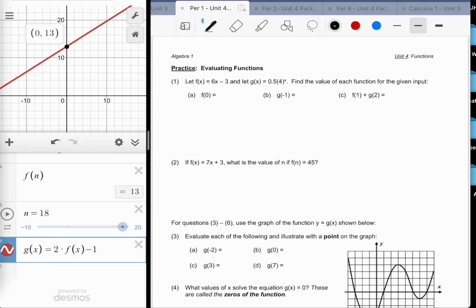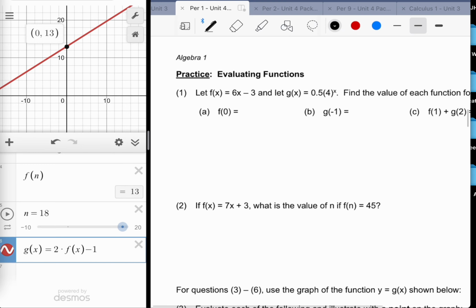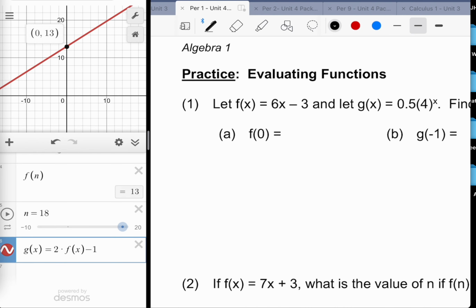If you're evaluating a function and you know g of x is just another name for a function, then it does the same thing. It just means that you're going to take whatever the function is and replace the variable with whatever you're evaluating in terms of.